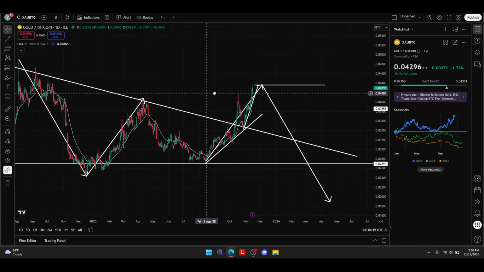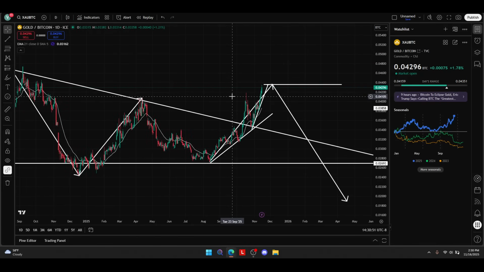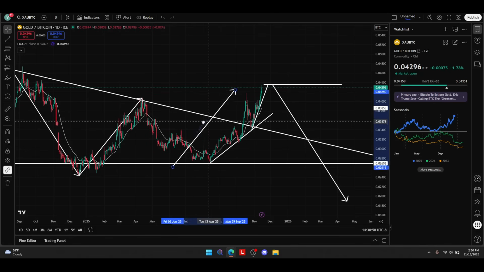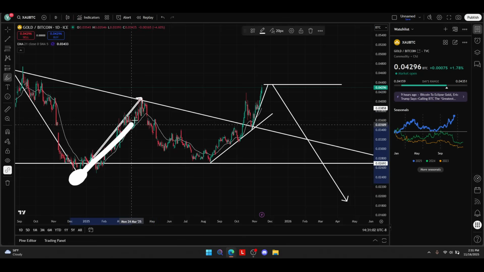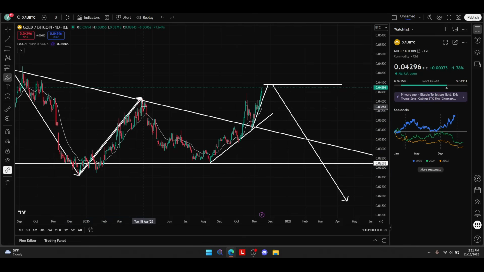So for example, measuring targets can be used not just for price, but for price and for time. How is that possible? Well, look at this arrow, right? I'm measuring it from this low point right here to the high point, and that gives you the angle of the move. So it took the bulls from this point to this point. It took them that long to get there, okay?